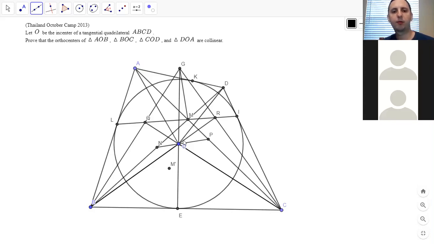I still want to try reflecting O over the four sides, because if we do that, what if we dilate this circle by a factor of 2? Actually, never mind.